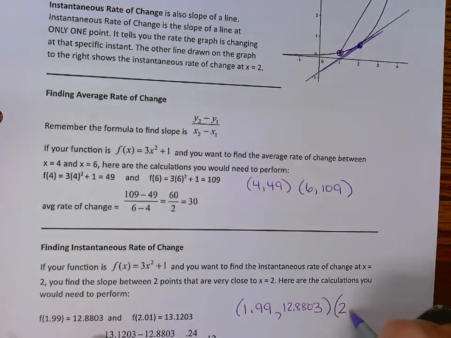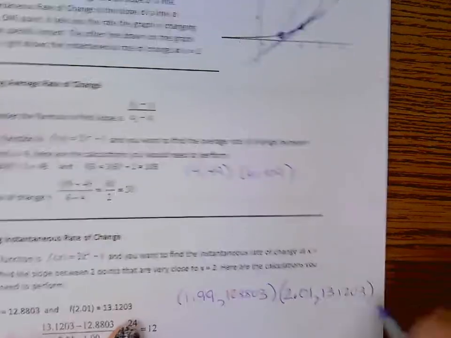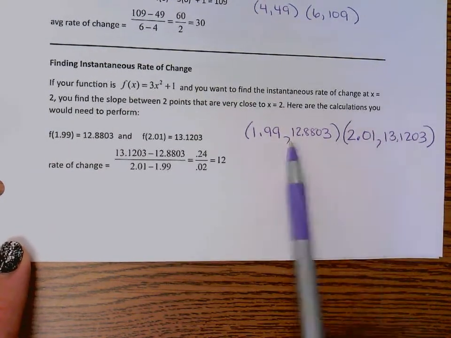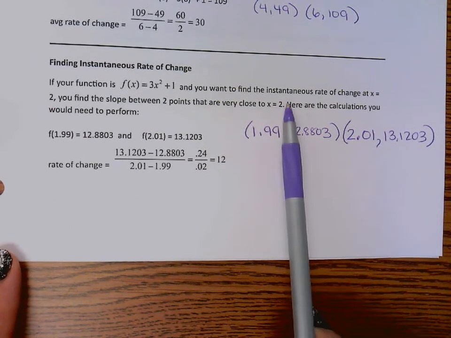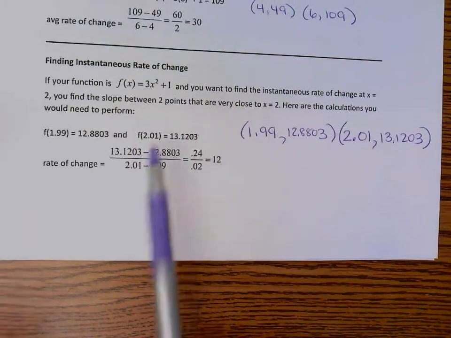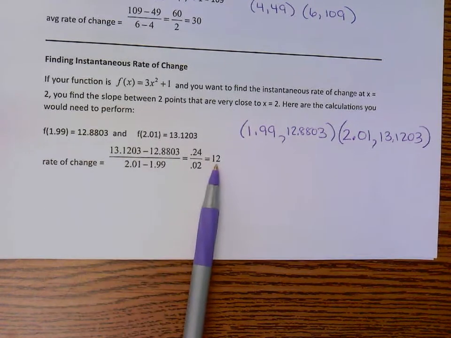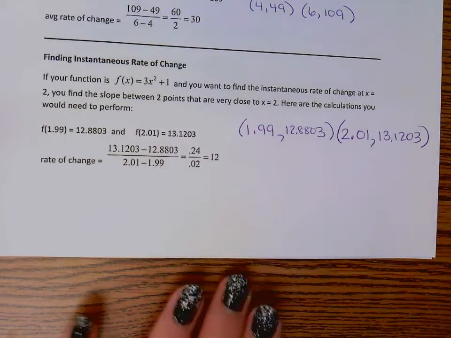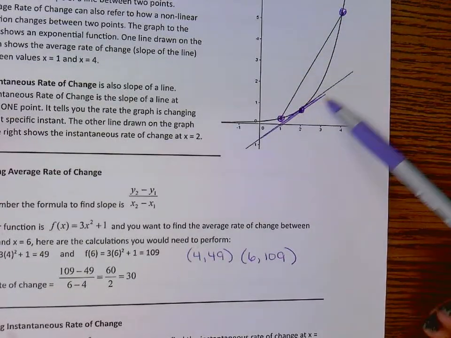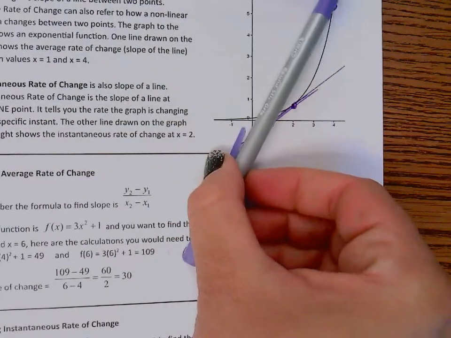And they're using the point 2.01, 13.1203. So to find instantaneous rate of change, you really still need 2 points, and they're picking points that are really close to x equals 2. Once they have the 2 points, they're just doing the slope calculation again: y2 minus y1 over x2 minus x1. So the instantaneous rate of change is 12. That's telling you that this average rate of change was 30, and this instantaneous rate of change was 12. That looks reasonable, right? This line looks steeper than this line.